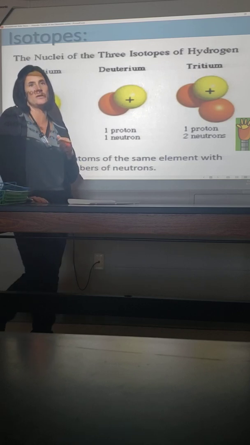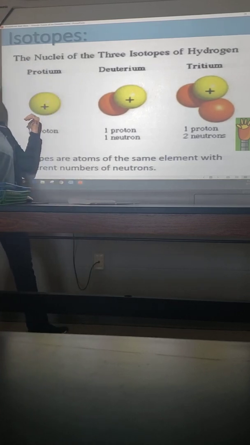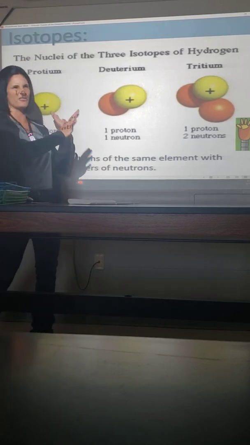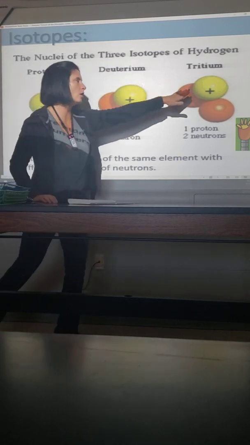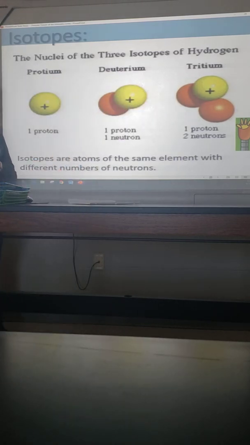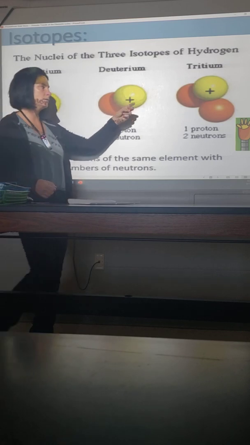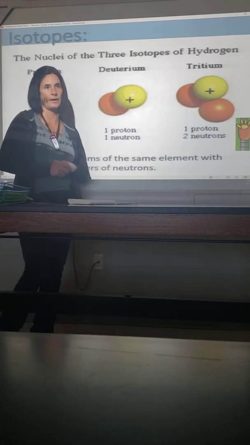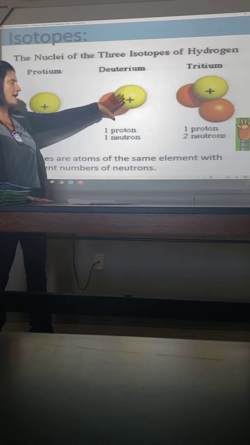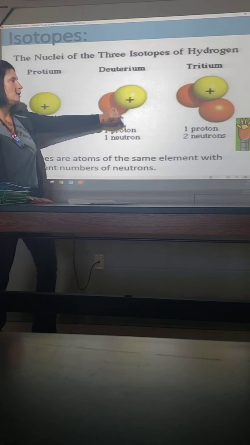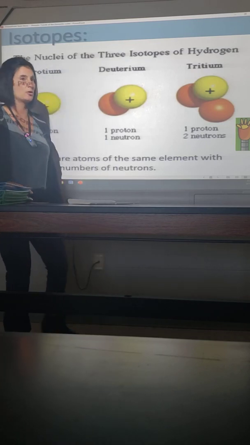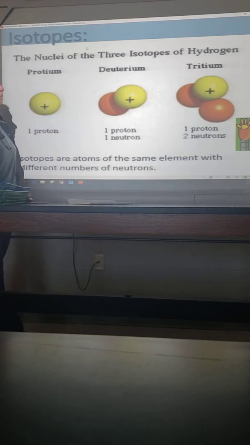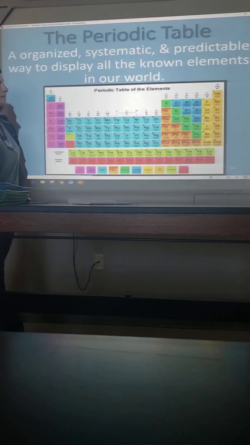Okay, so it's the only one that doesn't naturally come with a neutron, right? And I'm not gonna ever really ask you that. This is just to kind of visually see. So isotopes are atoms of the same element, all hydrogens, but they have different numbers of neutrons, 0, 1, and 2. Okay. So this would have a mass number of 2, and this would have a mass number of 3. Right, we're getting technical. And we will come back and watch that Brainpop again at the end.